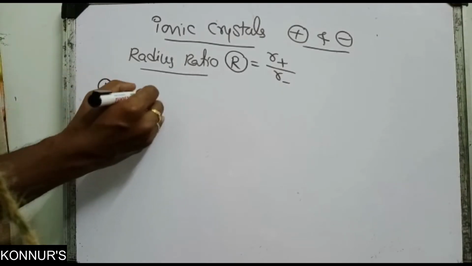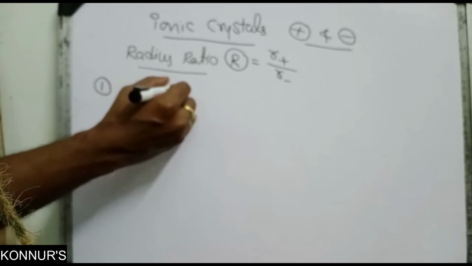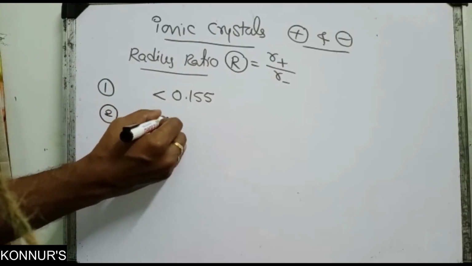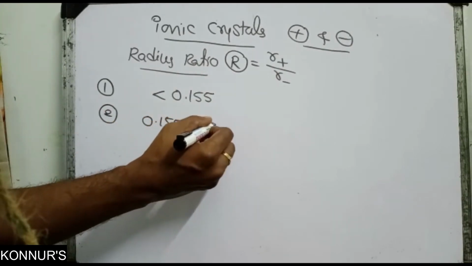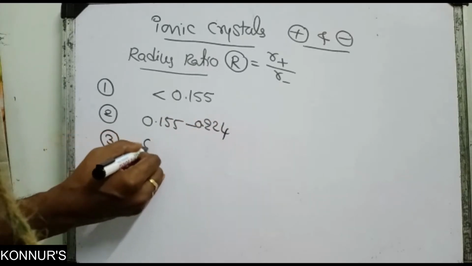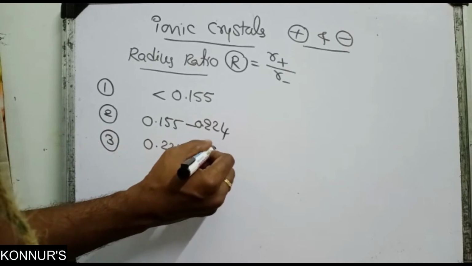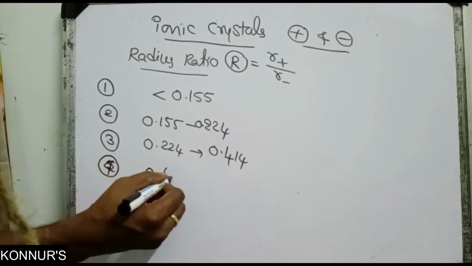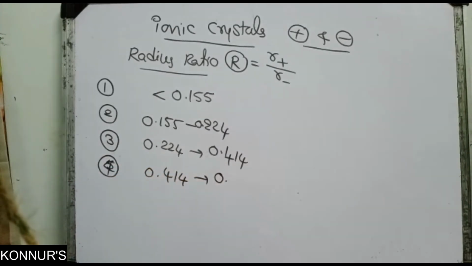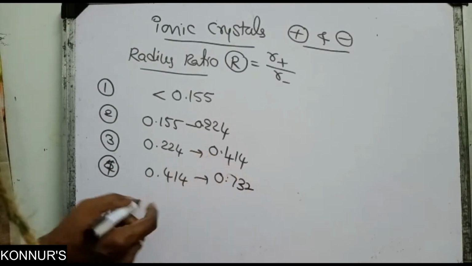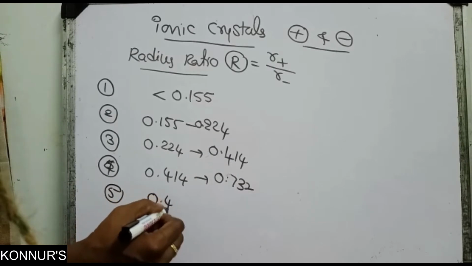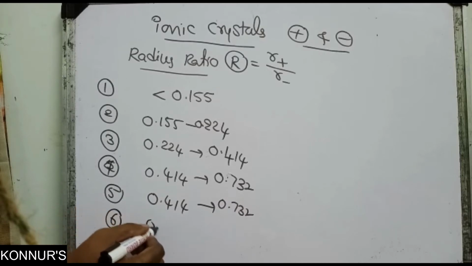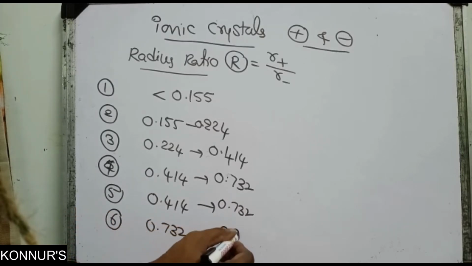Here, in different ranges: if the radius ratio value is less than 0.155, next between 0.155 and 0.224, then 0.224 to 0.414, then 0.414 to 0.732, and then 0.732 to 0.999.